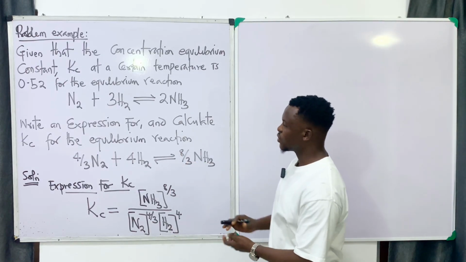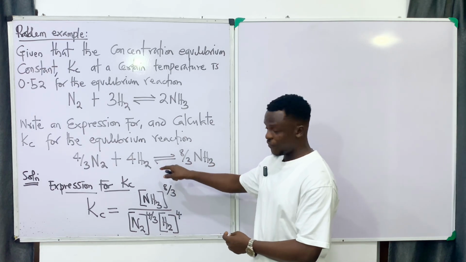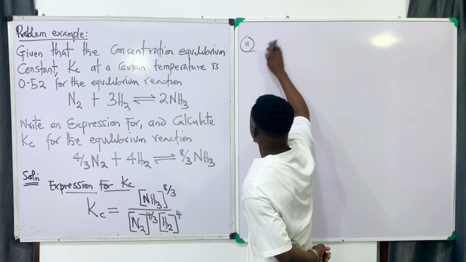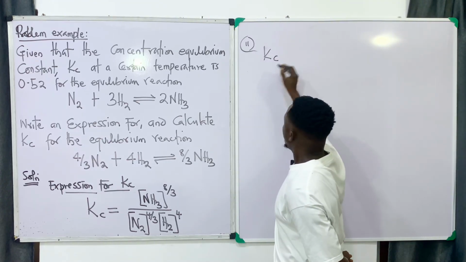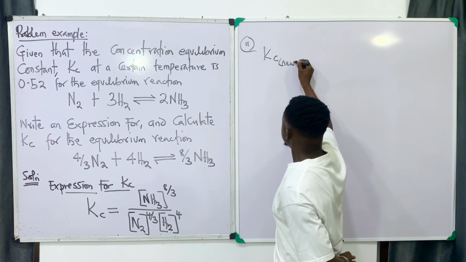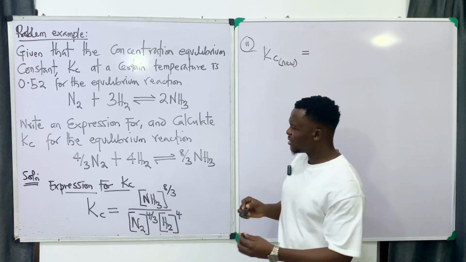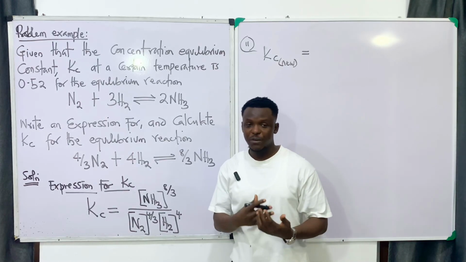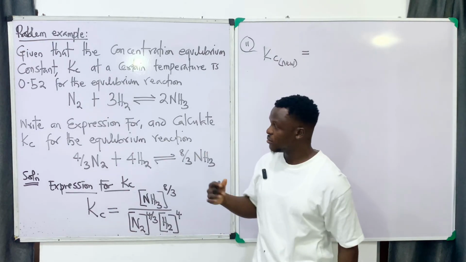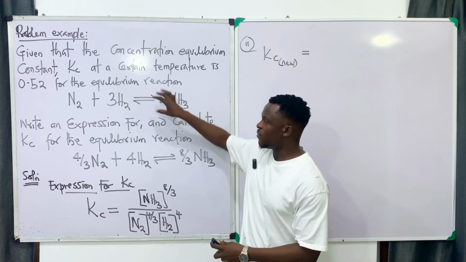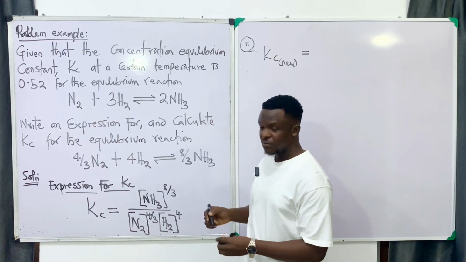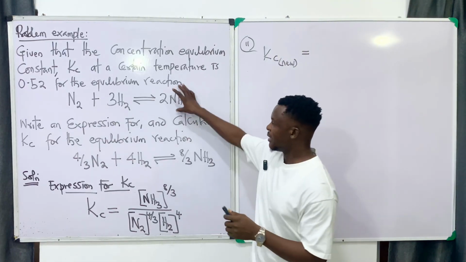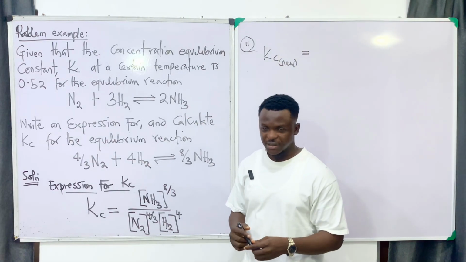Now, they are asking us to solve Kc of this reaction. So I'll say part two, Kc of the new equation. Recall in the previous section, we said that if they give you the equilibrium constant of a reaction, you can use it to solve the equilibrium constant of another reaction, provided that they contain the same chemical species, right?